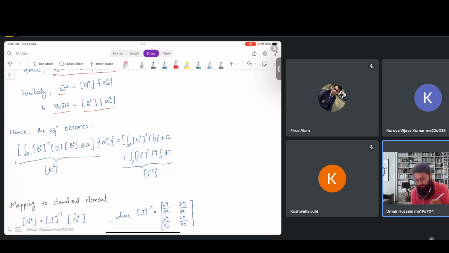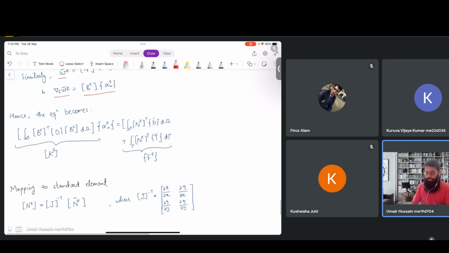Our stiffness matrix for an element would be the product of the transpose of B into D into B. And the force vector is pretty straightforward: the product of N with the vector B, and the product of N with the vector T for the boundary term.